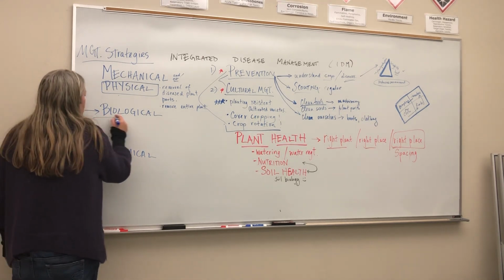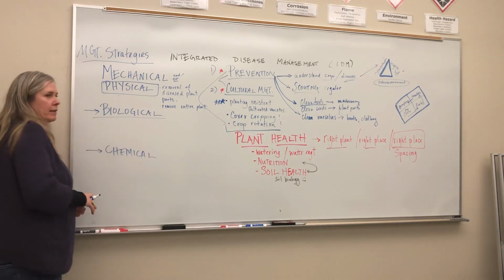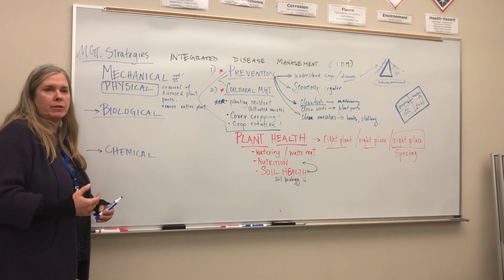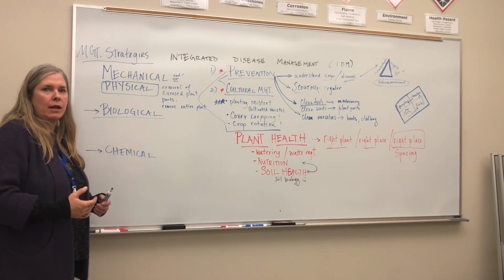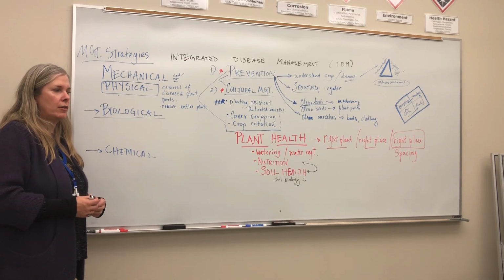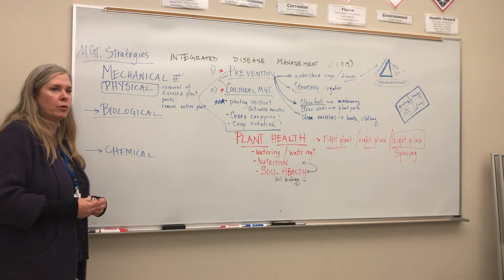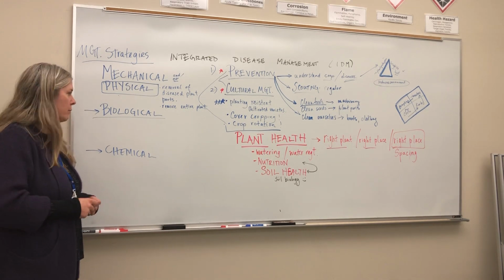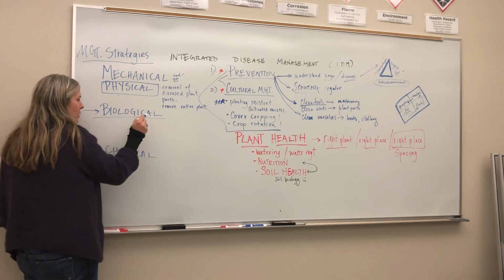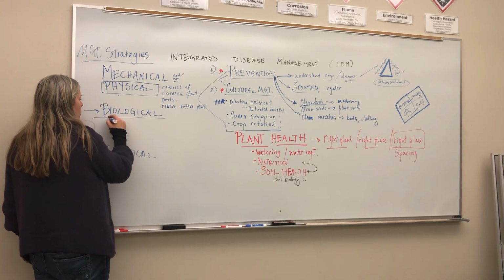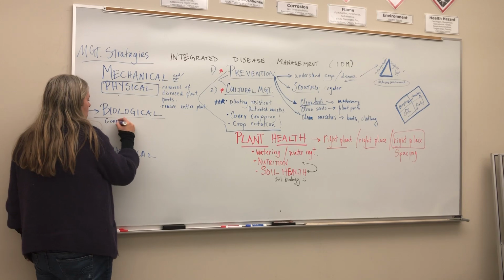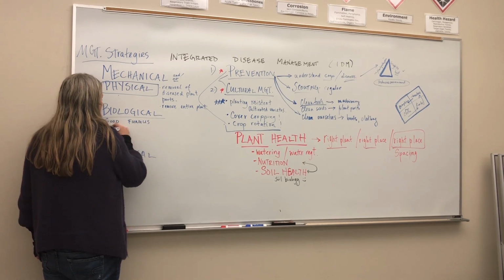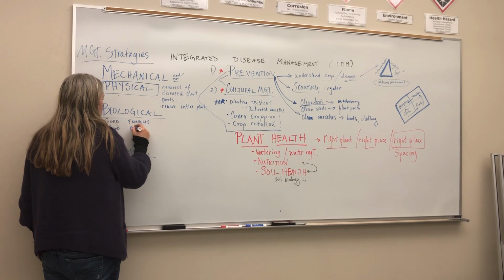Biological controls for plant pathogens is more and more an option for us as growers. This is an area I think we're going to see more and more development in, and these biological controls are good fungus and good bacteria.